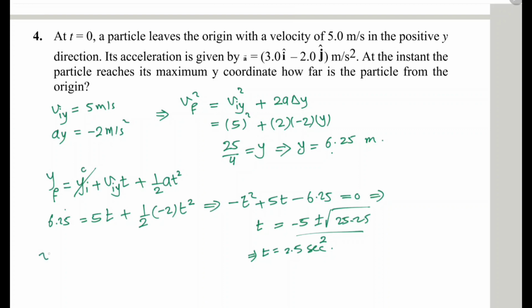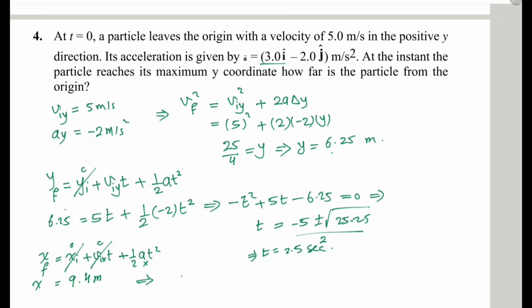Now x final equals x initial plus the initial v_x t plus half a t squared. a_x equals, in this case, 3, and t we just calculated, 2.5 seconds, and this is 0 and this is 0 as well. So x will be equal to 9.4 meters.